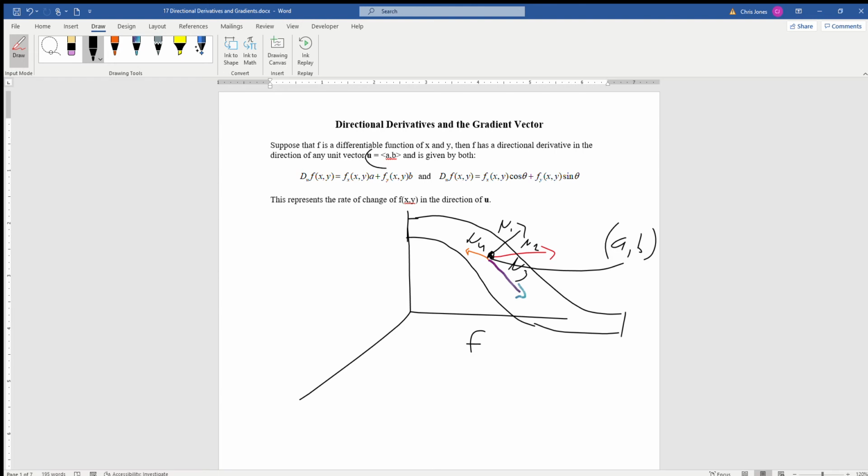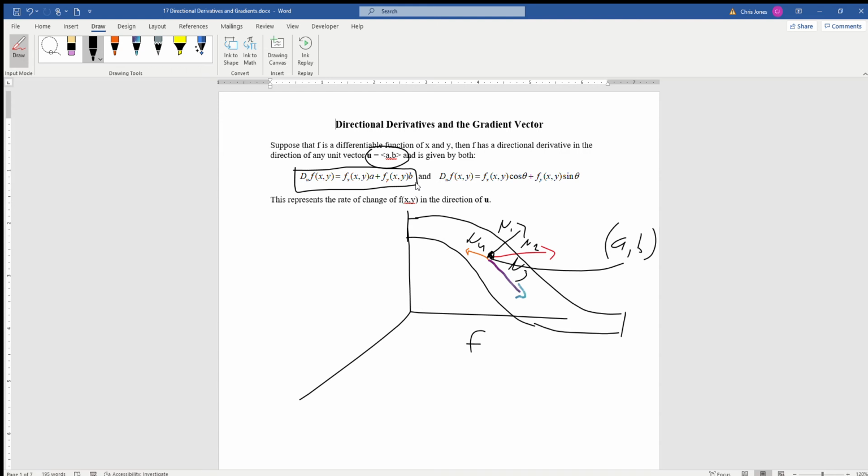So if we have a unit vector u, then there are 2 different formulas that we can use to find this. If we know the unit vector, then we can take the partial with respect to x and multiply it by a, and the partial with respect to y and multiply it by b. And remember, the unit vector has magnitude 1, so it's not going to change the magnitude or the scalar of that direction.